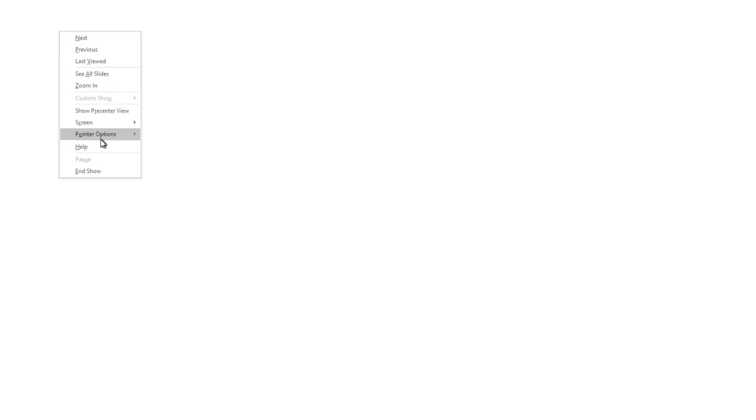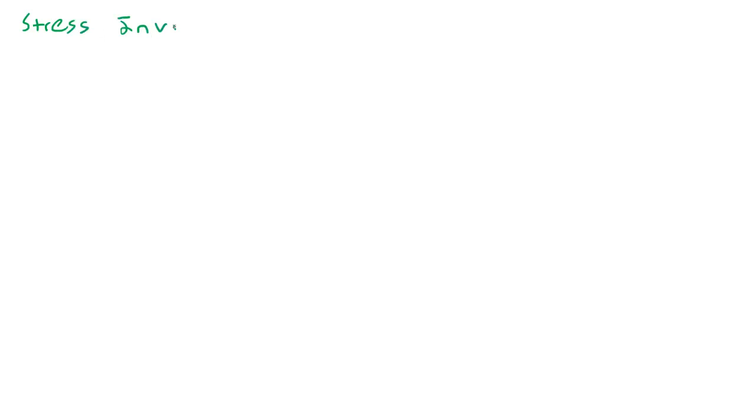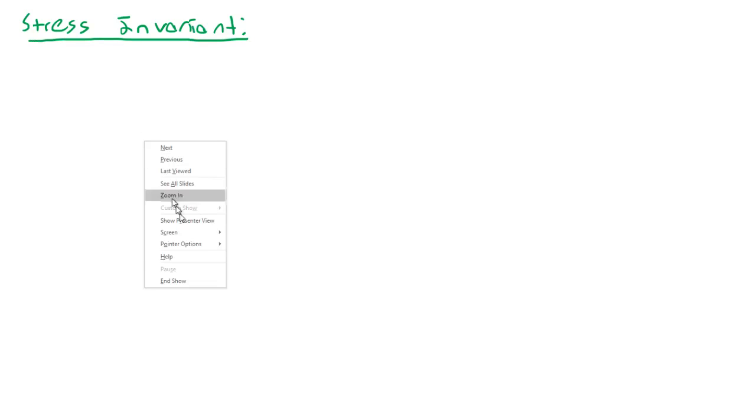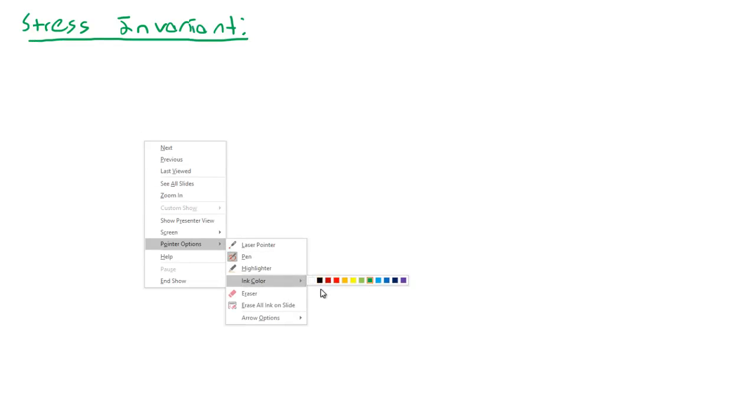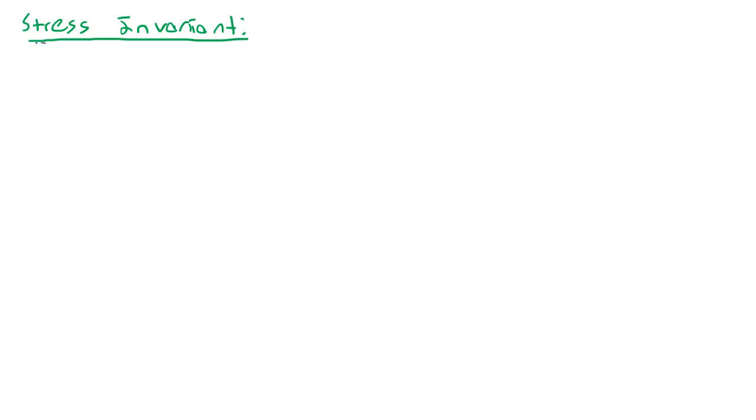What's known as stress invariants. There are some stress invariant quantities. Stress invariant, in other words, the total amount of stress is conserved on any plane. So we don't make stress disappear, we just transform it. When you work through the equations, you'll find that sigma x plus sigma y equals sigma 1 plus sigma 2, or any sigma x prime plus sigma y prime.